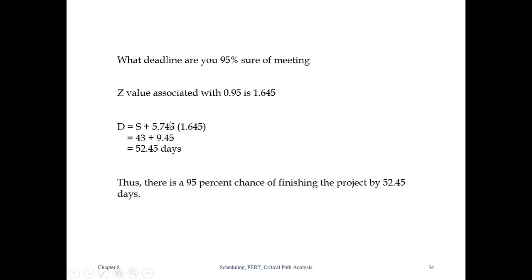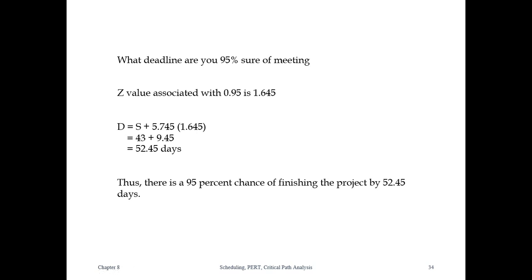Here 5.745 is the root V value, the square root of the variance, and S means the scheduled date. We already found it is 43, and 1.645 is the value that corresponds to the z-score for the 95% value. So we'll have 43 plus 9.45, which will give you 52.45 days.